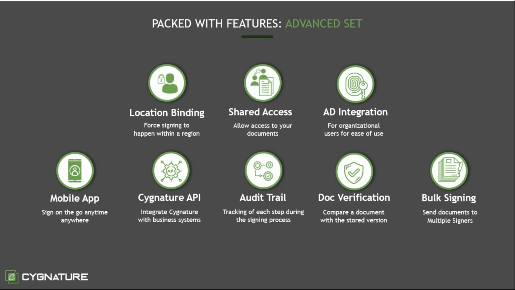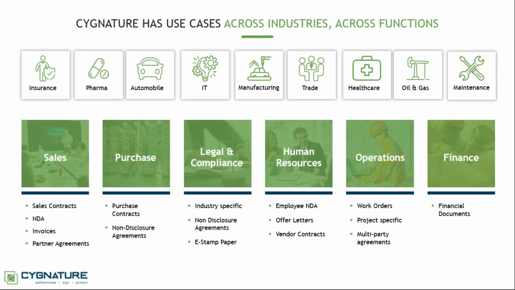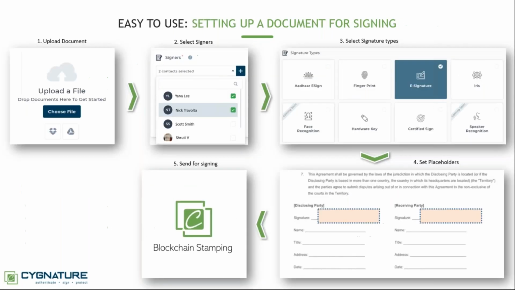After the signing is done, you can actually verify the document also from the signature website, whether a particular signed document is authentic and has been signed on the signature platform or not, if there has been any tampering or not. Bulk signing is another thing that I will demo today, so we will cover that. Let me now jump into the demonstration.